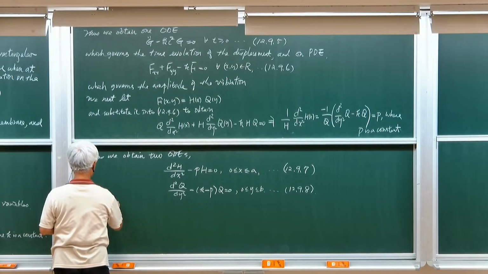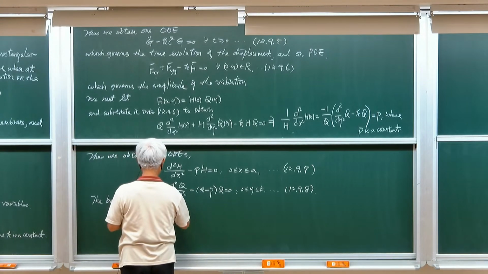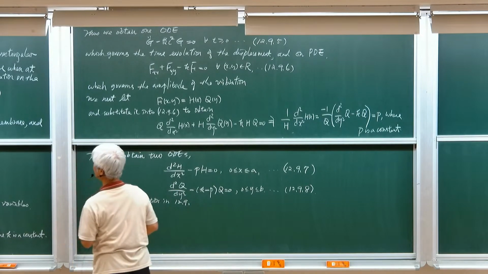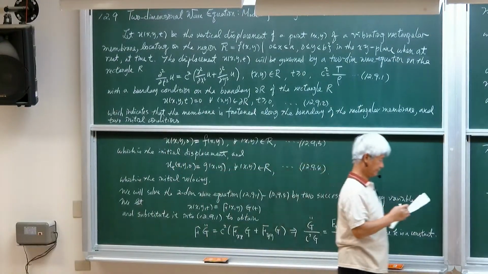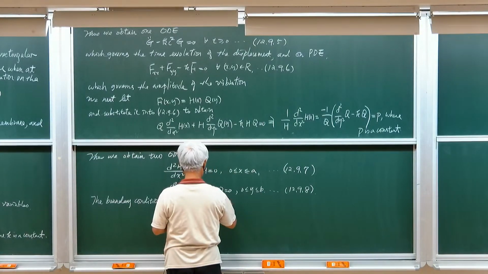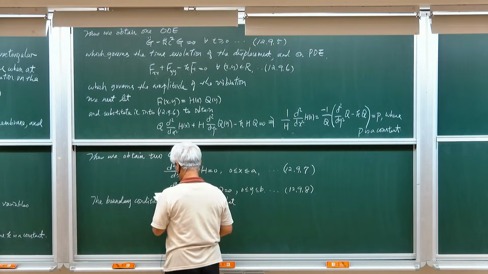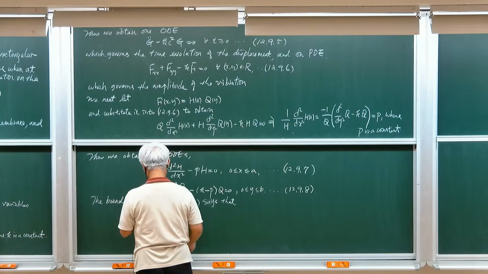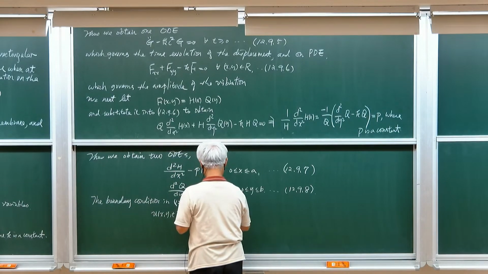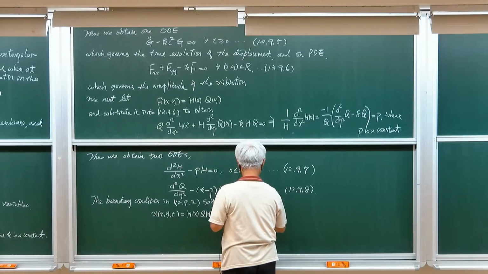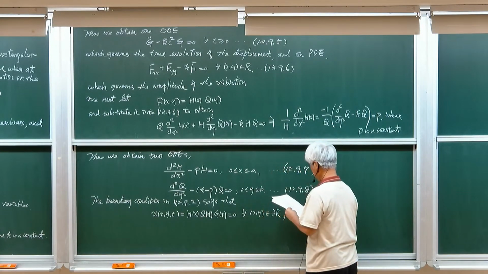And the boundary condition in 12.9.2 here says that u of x, y, t equal to h of x, q of y, and g of t is equal to 0 for all x, y in the boundary of the rectangle, and t greater than or equal to 0.